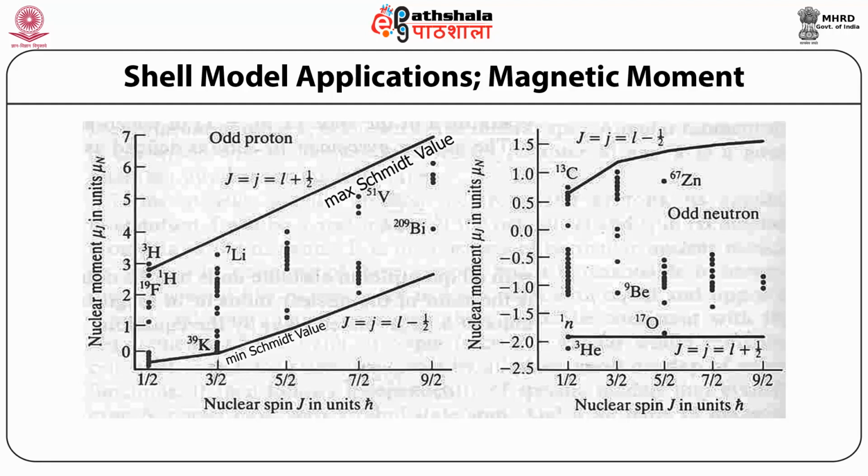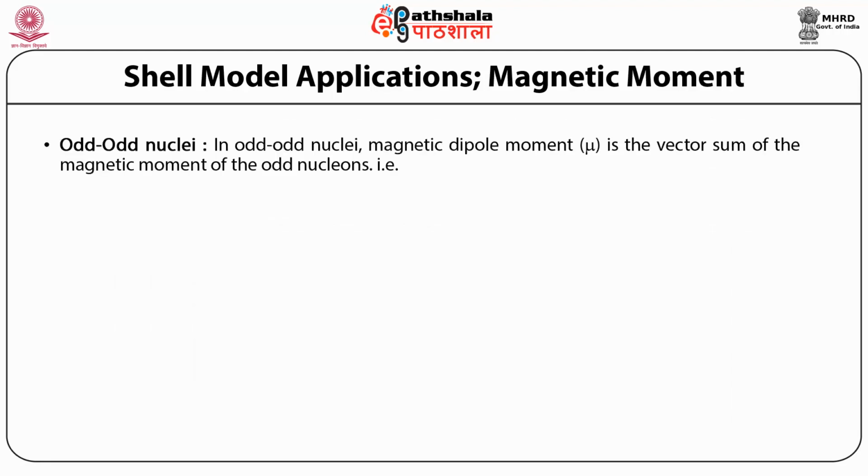We again find that the experimentally observed magnetic moment for odd neutron nuclei fall within these two lines. So, it means that Schmidt values or the shell model predicted values define the limiting cases of magnetic moment for various nuclei. Shell model applications, magnetic moment.